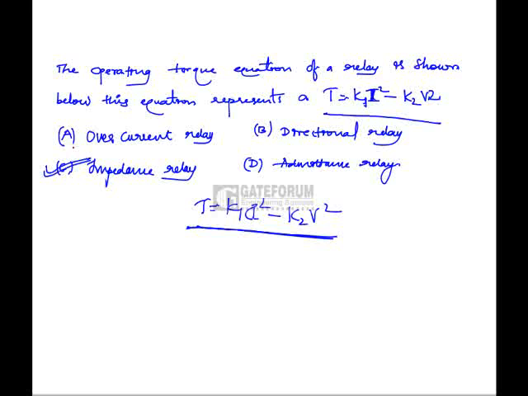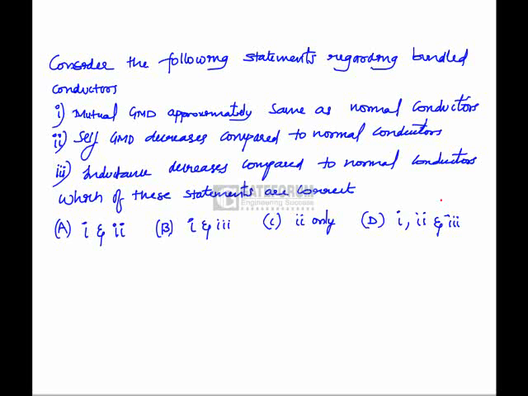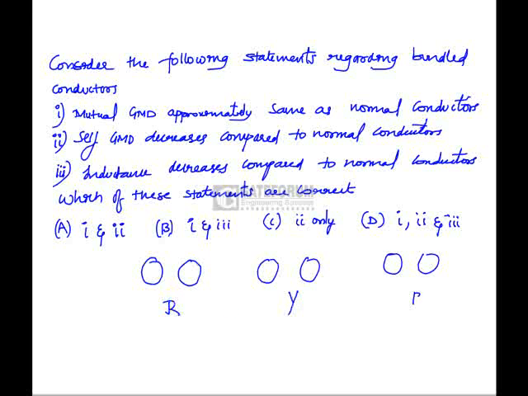Option is C. Following statements regarding bundle conductors. What are bundle conductors here? Bundle conductors means there is more than one subconductor per phase. Let us take R phase, Y phase and B phase, where each phase has more than one subconductor. That is called bundle conductors.